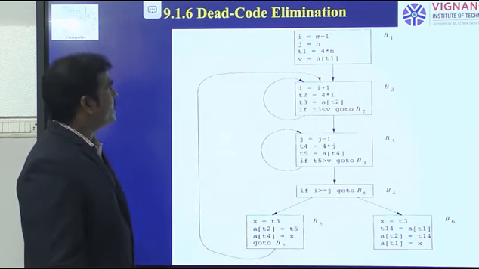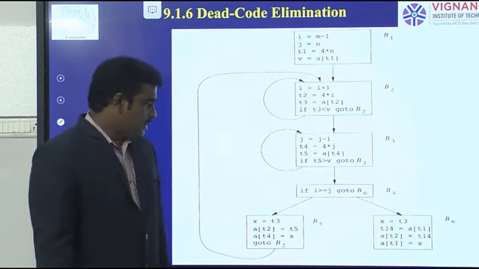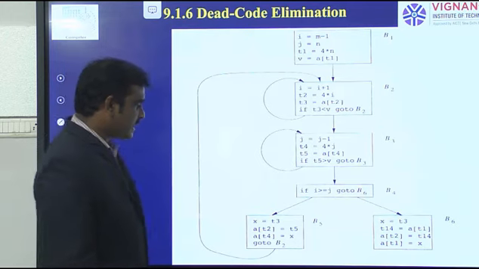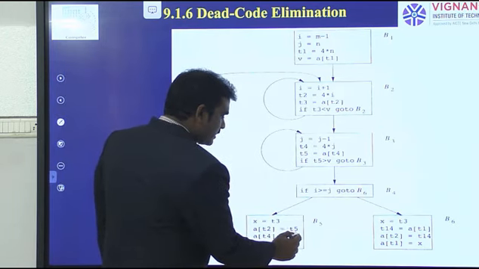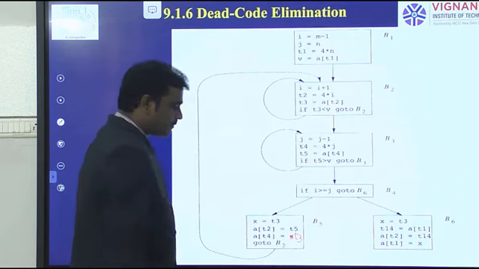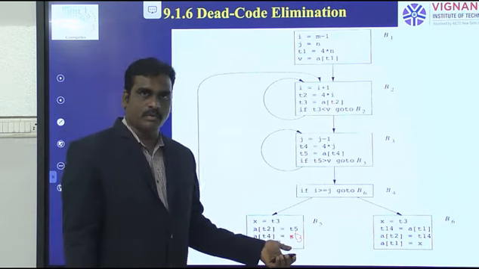And the dead code elimination. Here dead code elimination means, suppose here we are using the variable T3, that is copy propagation.